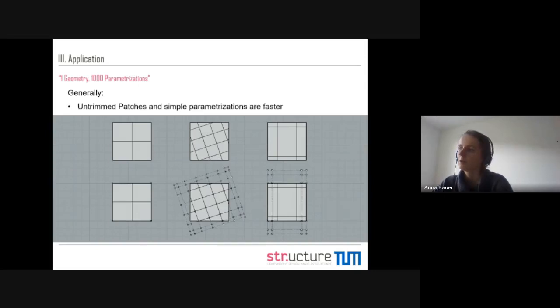So not a lot of control points in one area and then a very coarse net in the other parts, because this may corrupt your analysis. But of course you can do the analysis with other parametrizations as well.